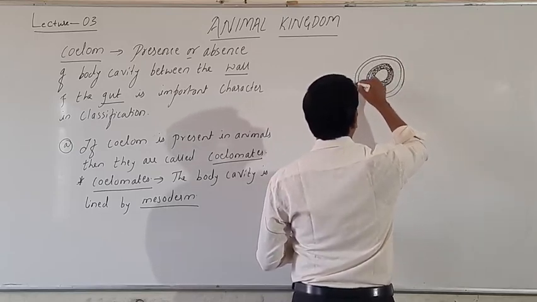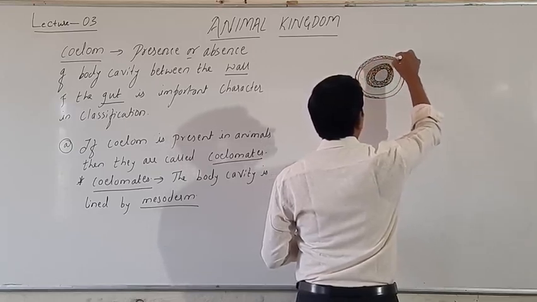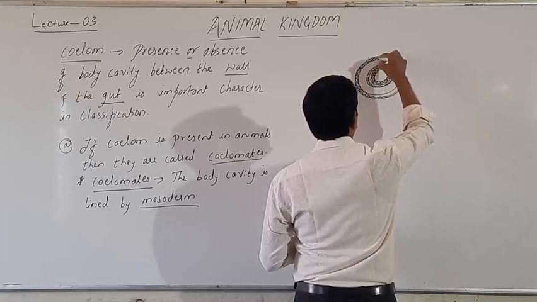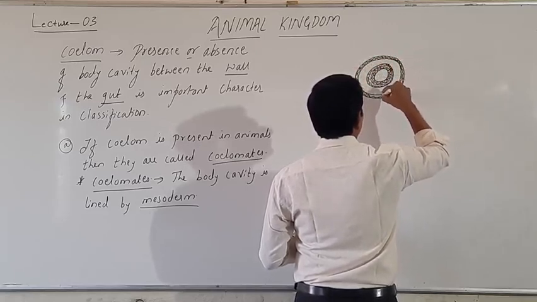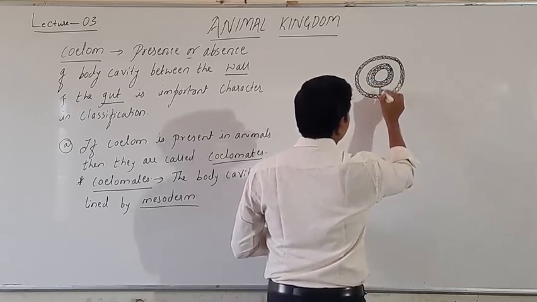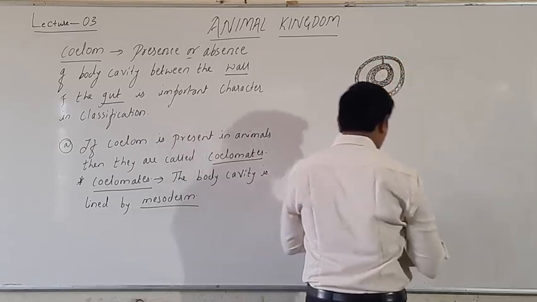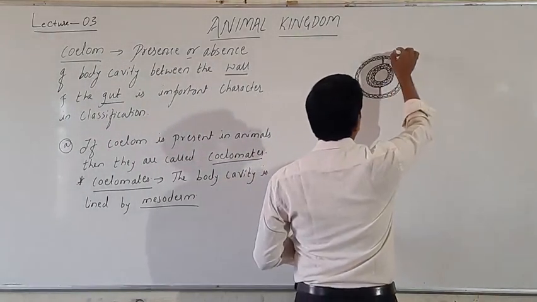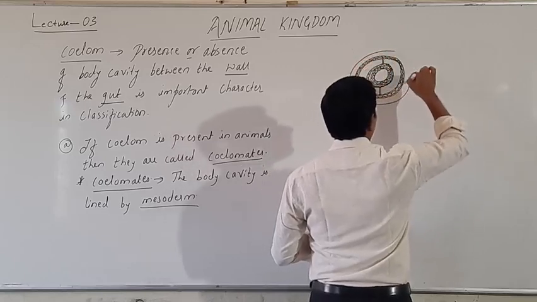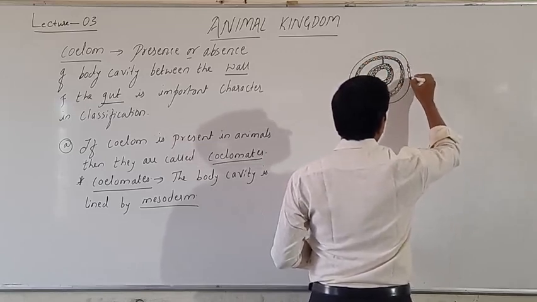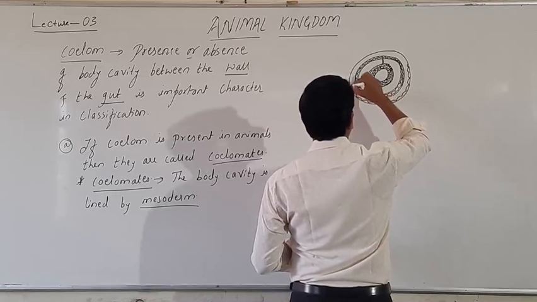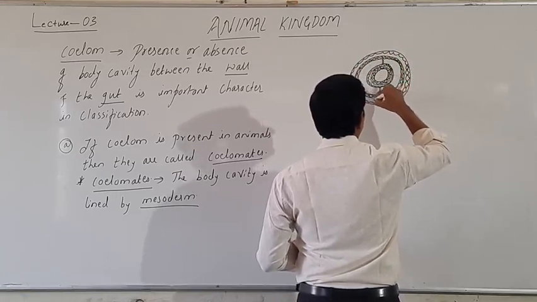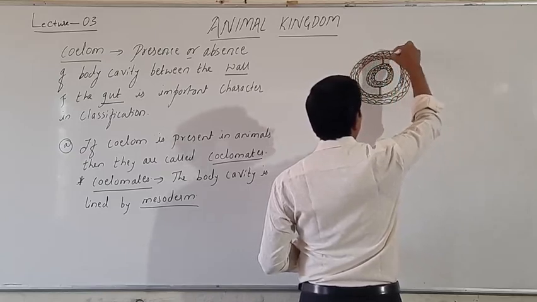Now here also we have the cells. So this is the mesoderm, and this is surrounded by the outer layer, which we call the ectoderm.